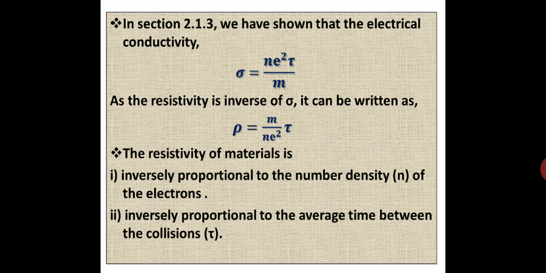As the resistivity is inverse of sigma, it can be written as rho equal to m divided by n into e square tau. The resistivity of materials is inversely proportional to the number density n of the electrons, and second point, inversely proportional to the average time between the collisions. It's a very important point.